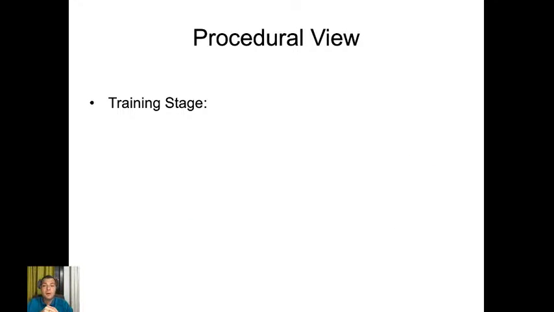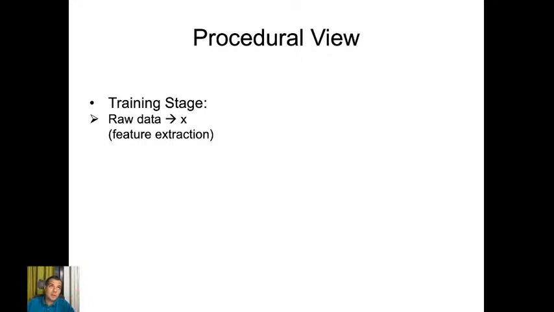Next we will discuss the different points of view. For example, there is the procedural view. In the procedural view, in the training stage, you take your data and try to project it, or extract some features from the data, and obtain a feature vector.